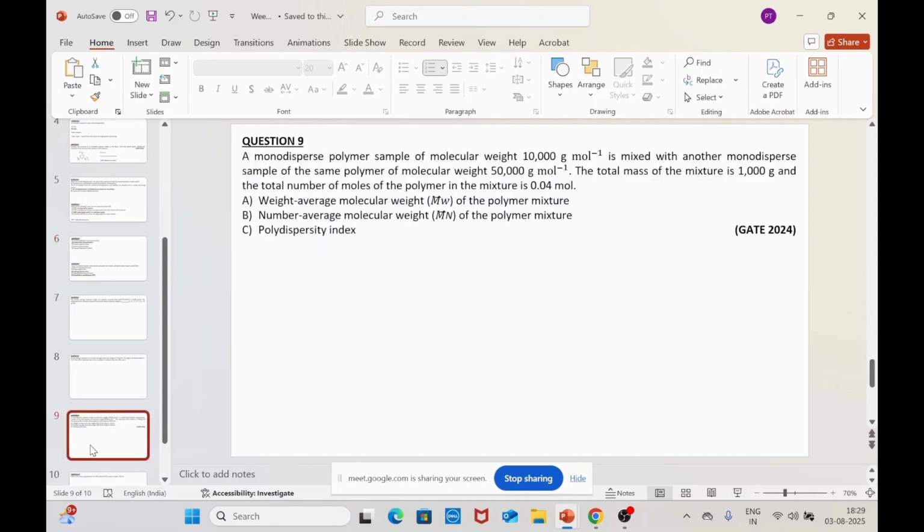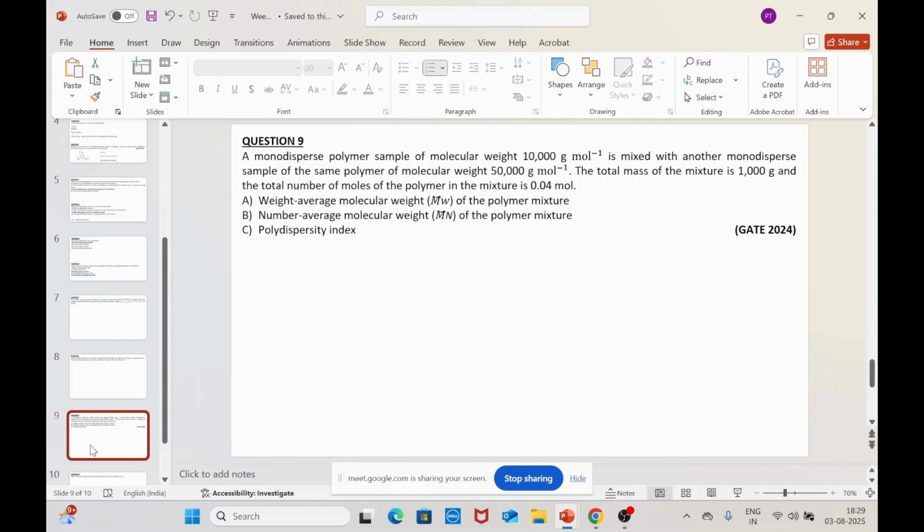Let's start first with question number 9. Previously we have solved these questions. I hope now people might have much better understanding of weight average, number average, molecular weight. So, let's solve this question.